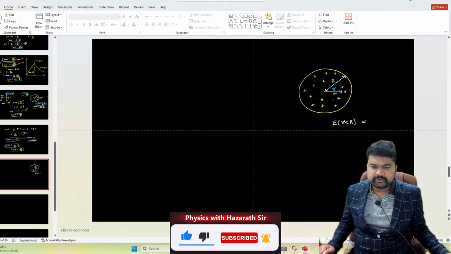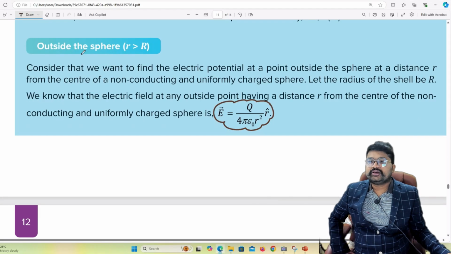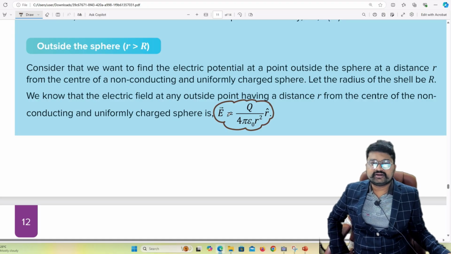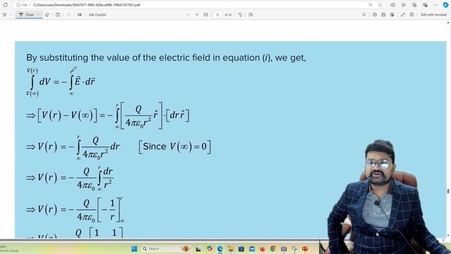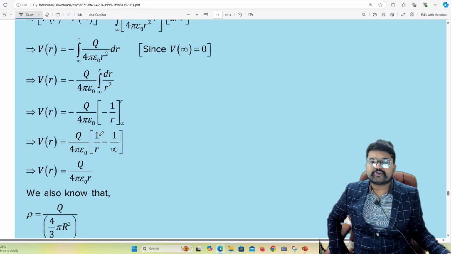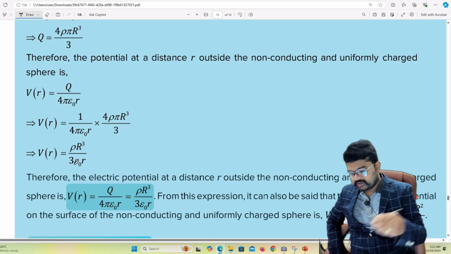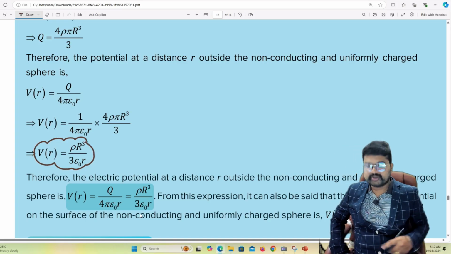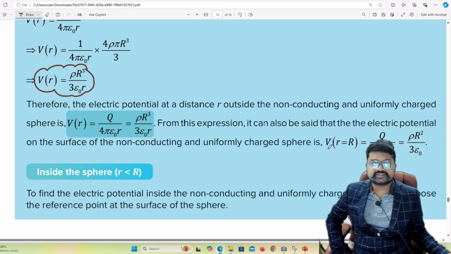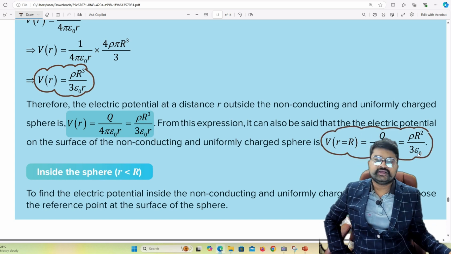Up to here, check once whether all derivations are correct or not. Here outside the solid sphere, r greater than R, Q/4πε0 r squared. Then we took from infinity to r. So Q/4πε0 1/r. Substituting this, what did you get? ρR³/3ε0, did you get this? Okay, so ρR³/3ε0 r. If we substitute V of r equal to R, Q/4πε0 R, ρR²/3ε0. This is also completed.